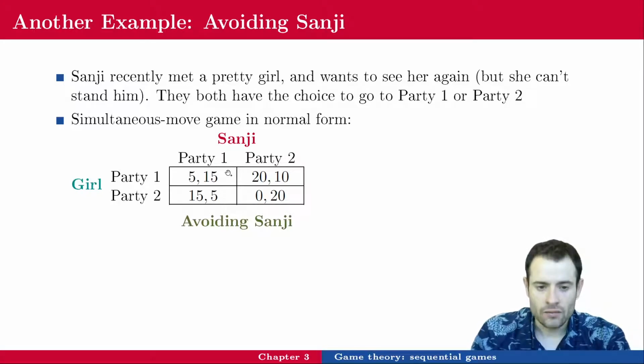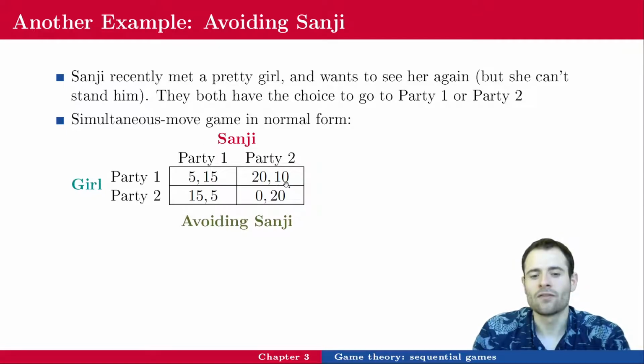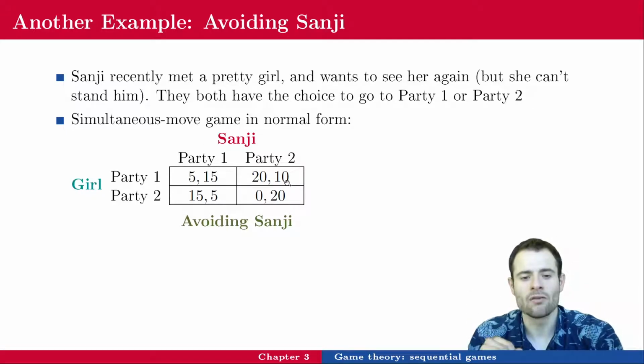Now, every time they do not meet, so they go to a different party, the girl is the one having a higher payoff, and Sanji is the one having a lower payoff. It's not a payoff of 0, but it is a lower payoff than when he meets her.